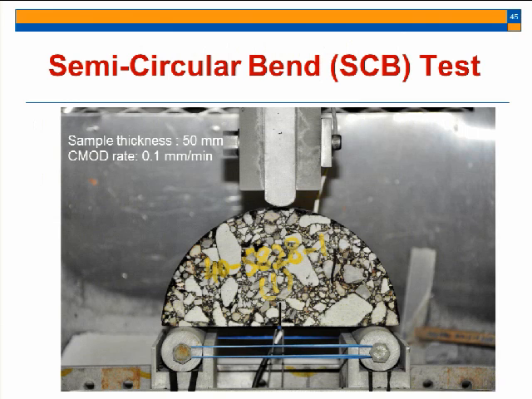Last but not the least, we did some fracture testing, and the SCB test was adopted to determine the fracture energies of these mixtures. The sample thickness was 50 millimeter. Normally they use 25 millimeter samples, but since we had a 19 millimeter nominal maximum aggregate size, we went for 50 millimeter, and the CMOD rate was 0.1 millimeter per minute.